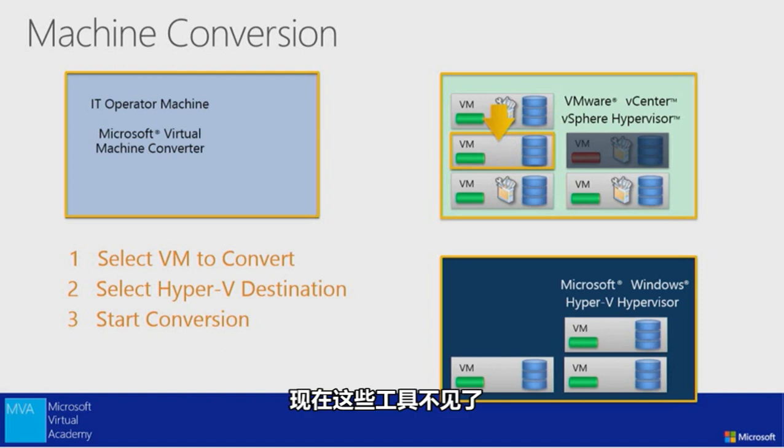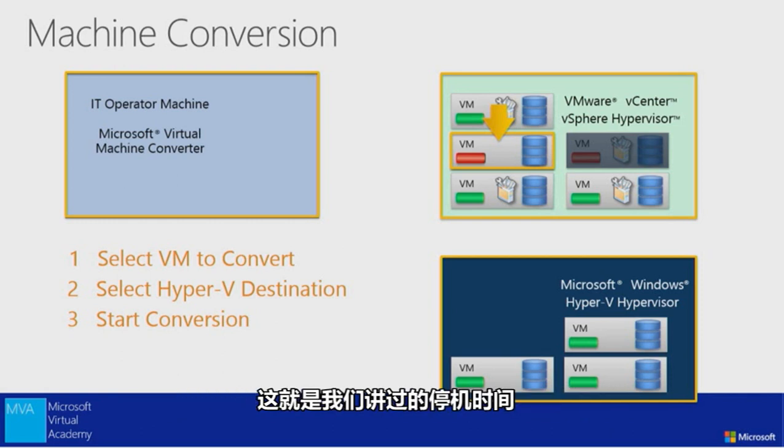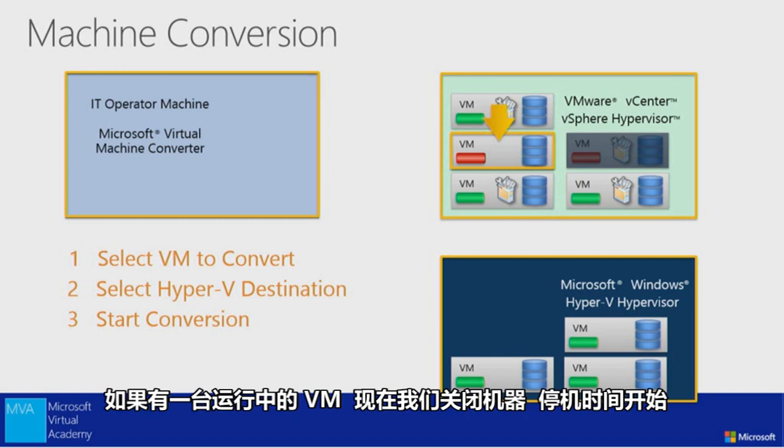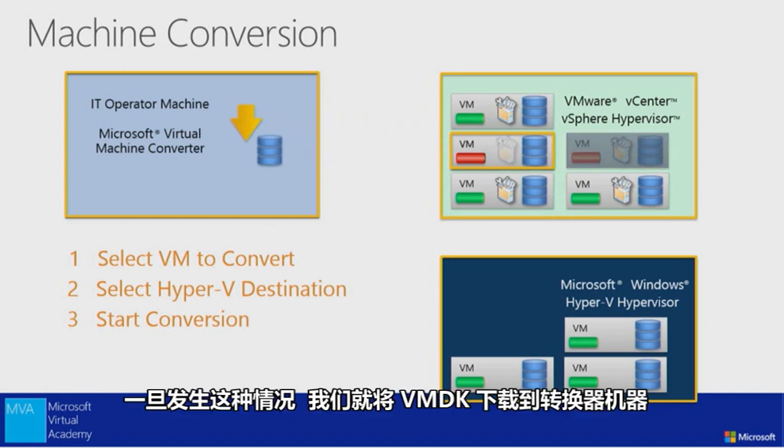So the tools are now gone. Great. Now once the tools are uninstalled, what I'm going to be doing next is shutting off the machine. So this is the downtime that we spoke about. It was a running VM. Now we shut down the machine, so now the downtime starts. Once that happens, we download the VMDKs onto the converter machine.